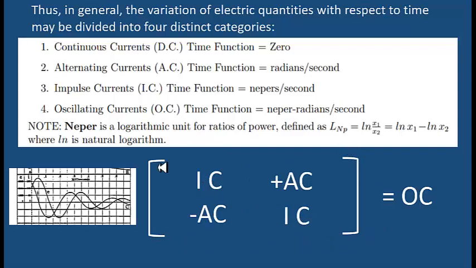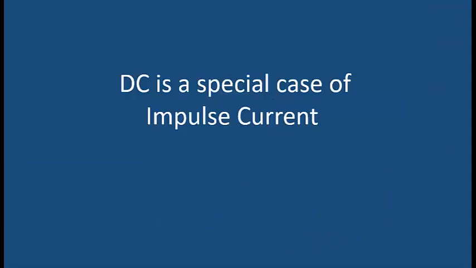So in order for this to be correct, there needs to be a way to use impulse currents to create direct current. Direct current needs to be a special case of impulse currents in order for this to be correct. So my proposal here is that DC is a special case of impulse current.